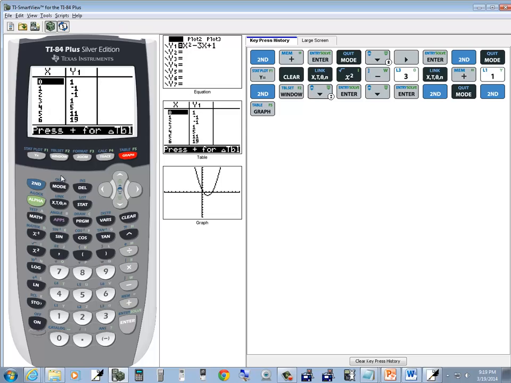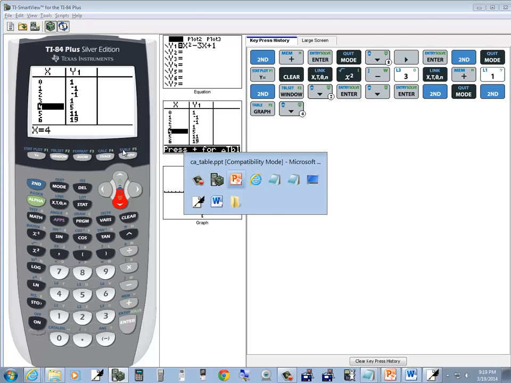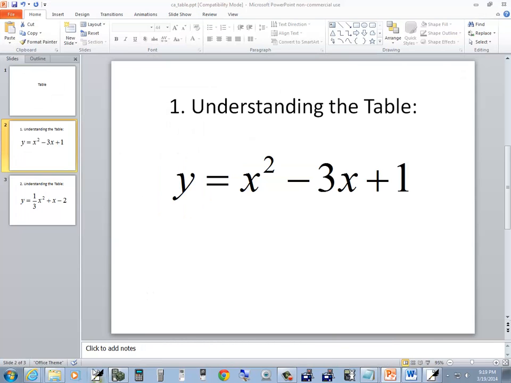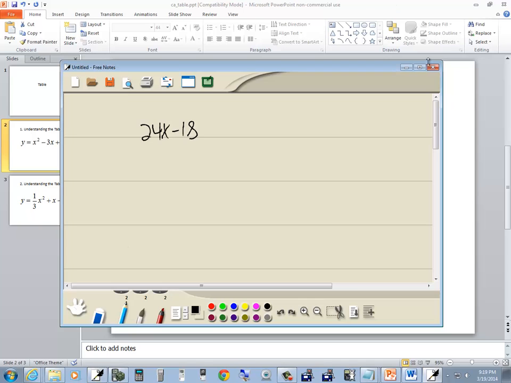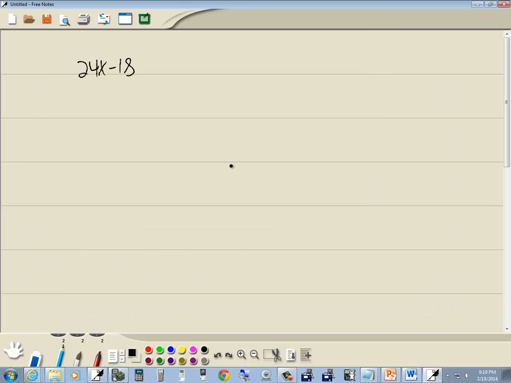For example, let me come down here and look at this one. X is equal to 4. Well, if I take a look at this function here, we got y is equal to x squared minus 3x plus 1.